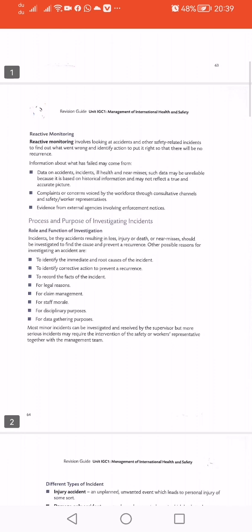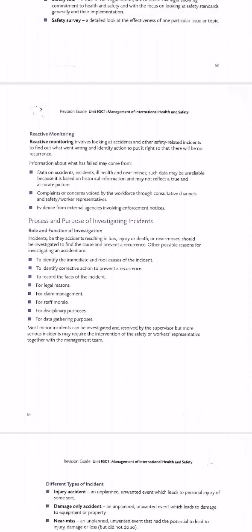Then I proceed further to talk about reactive monitoring. What is reactive monitoring? Reactive monitoring involves looking at an accident, right? For example, looking at an accident and other safety related incidents to find out what went wrong and identify the action to put it right, so that there will be no reoccurrence.